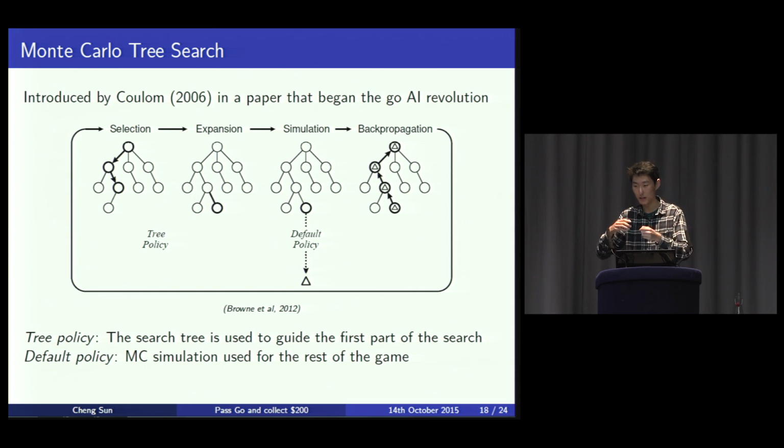Eventually, you'll get to a node which doesn't have a full set of children, which means that we haven't visited it enough to have explored every single action from it yet. So in this example, this node only has one child, and there's another action which we haven't explored yet.